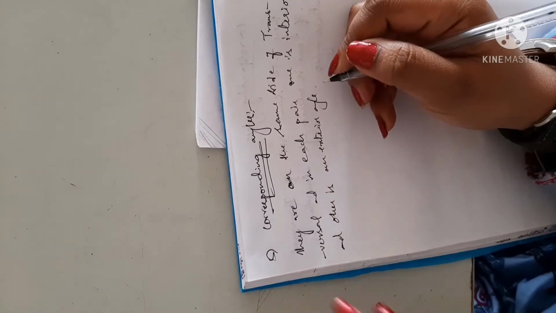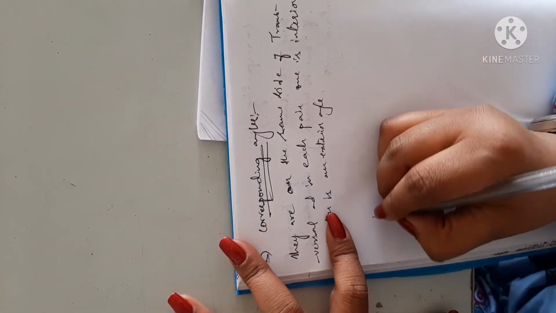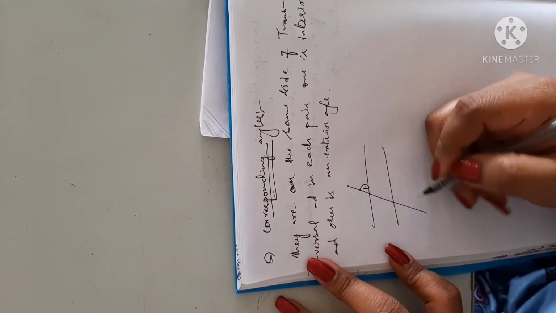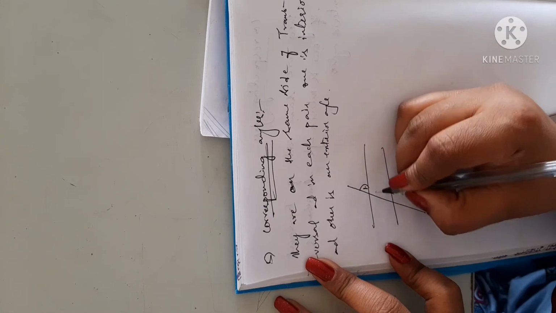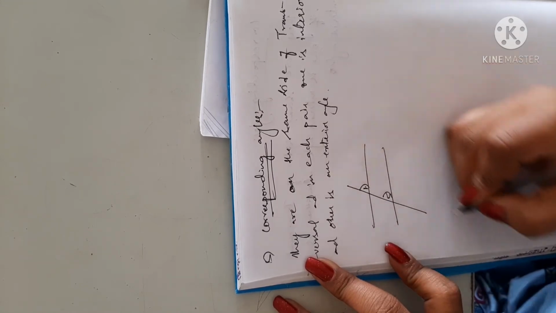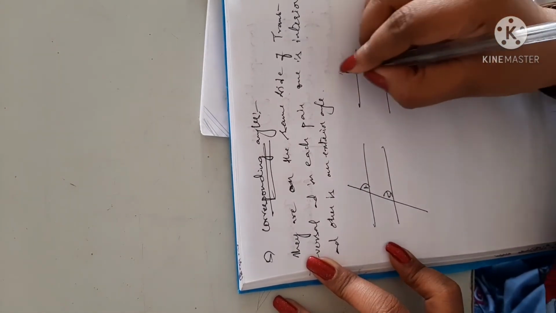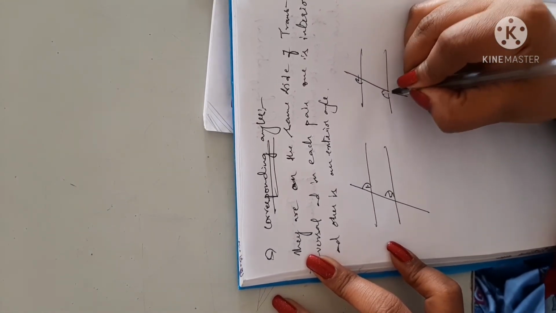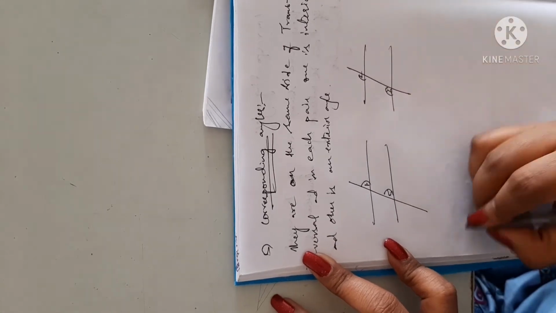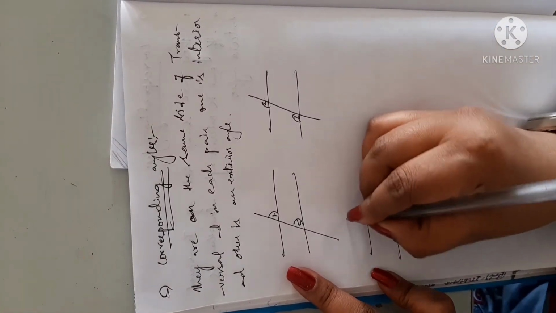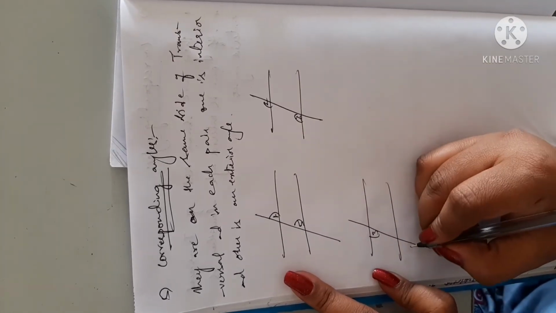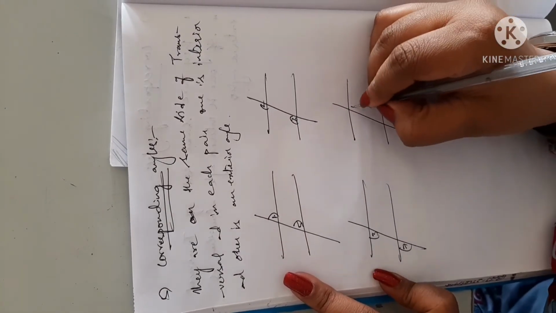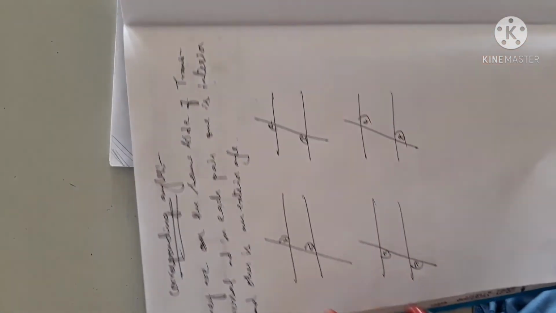This is the definition of corresponding angles. Now, the corresponding angle of angle 1 is angle 5, of angle 2 is angle 6, of angle 3 is angle 7, and of angle 4 is angle 8. These are corresponding angles.